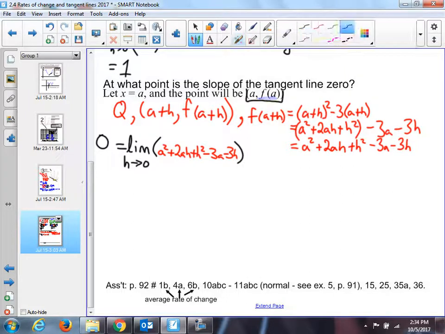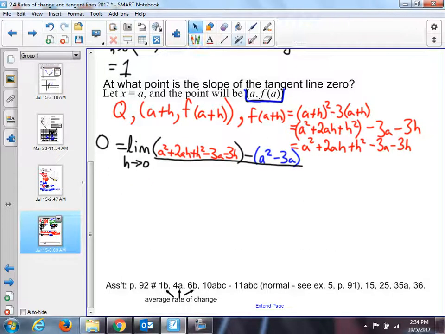I'll just put this in so you know where it comes from. Minus, and make sure you have brackets here, a squared minus 3a. That's just a plugged into the function, right? All over a plus h minus a. That'd be h. If you do it correctly, every time it'll be h on the bottom.